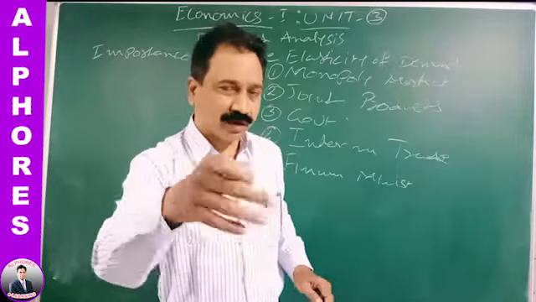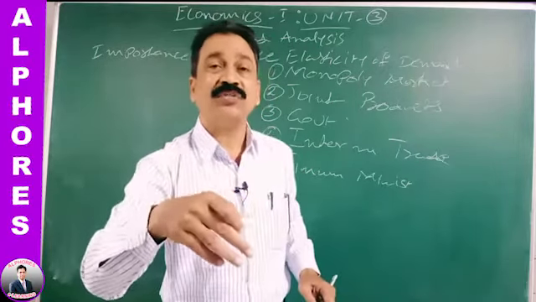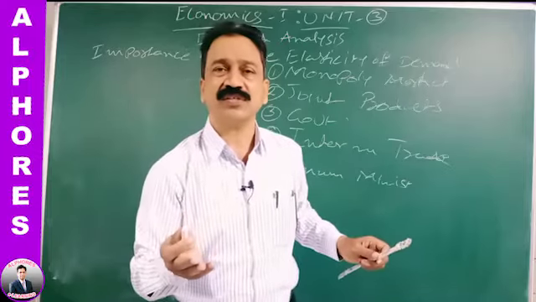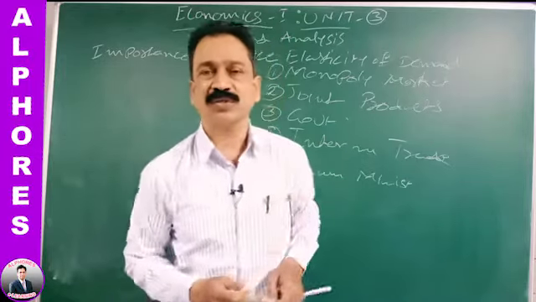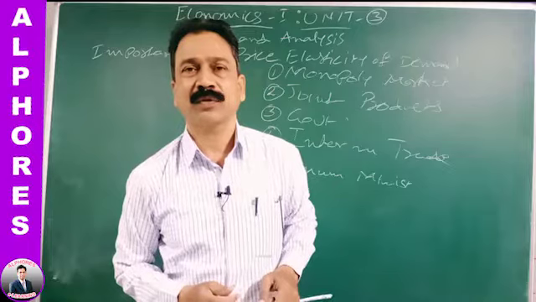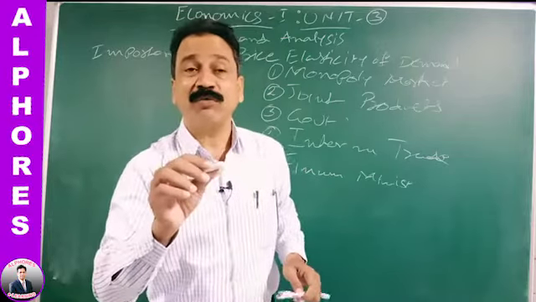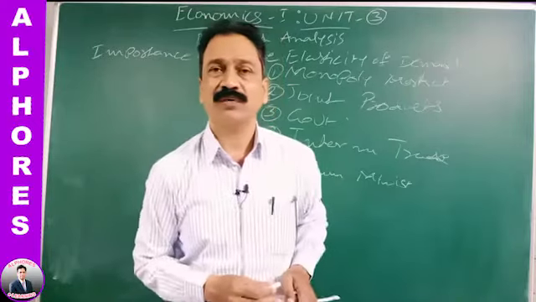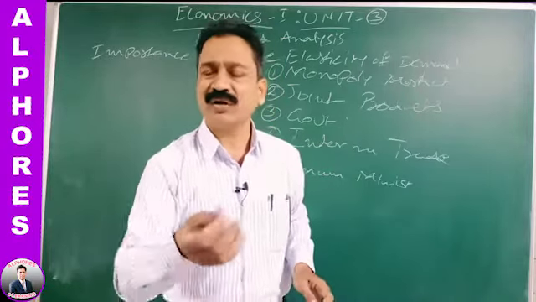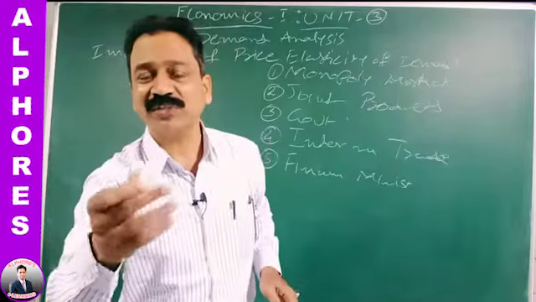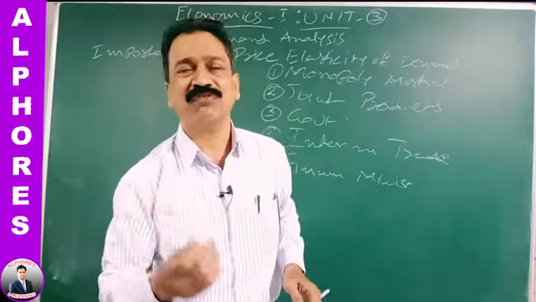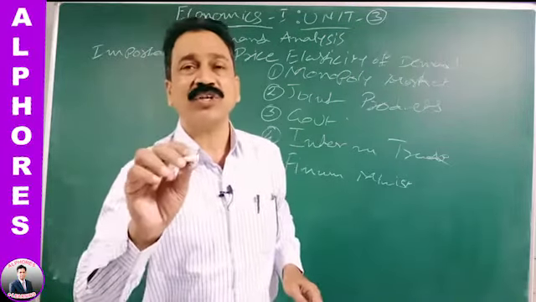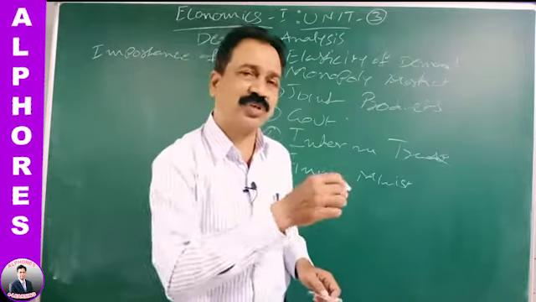Even in AP, at this moment, they have increased excise taxes a lot on alcoholic products, so that people will be discouraged from consuming more alcohol. But still it is going on. Already we have seen the determinants of demand and price elasticity of demand. In that, addiction makes people purchase the commodities.